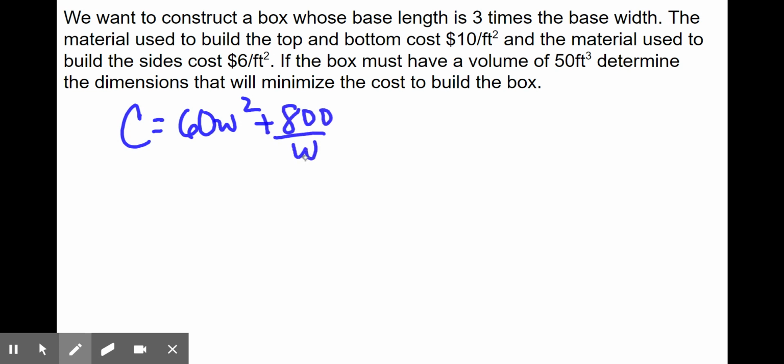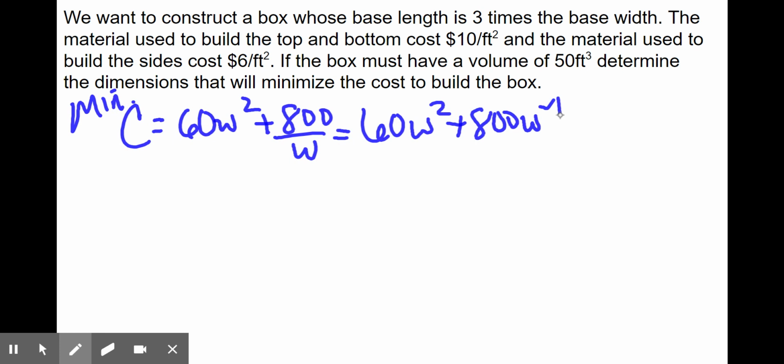All right, so now I want to find the minimum of this. So I got to find the derivative, set it equal to 0, find the critical numbers. Let me bring the W to the top here. It makes it easy to derive. W to the negative 1. Okay, so C prime is going to be 120W minus 800W to the negative 2.